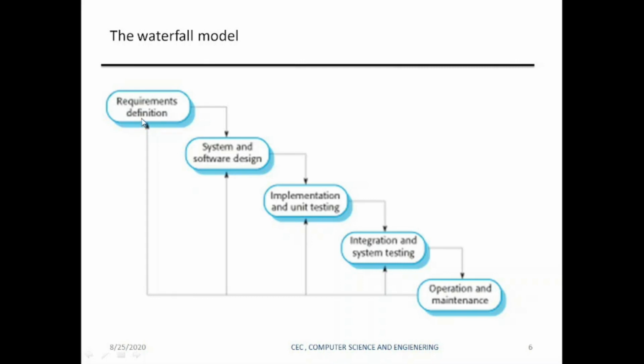There is a requirement definition team, a system and software design team, an implementation and unit testing team, an integration and system testing team, and an operation and maintenance team. There are 5 separate teams, one for each stage. The requirements of the customer are collected by the first team. After collection, it is documented and passed on to the system and software design team.